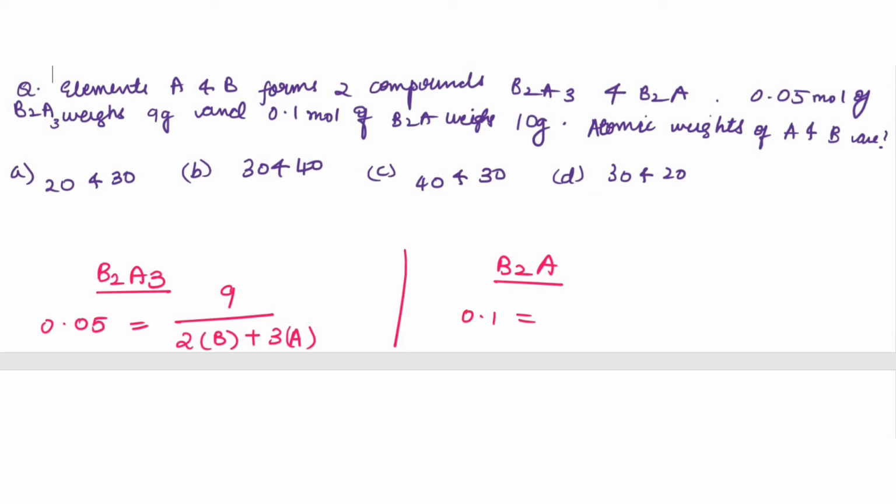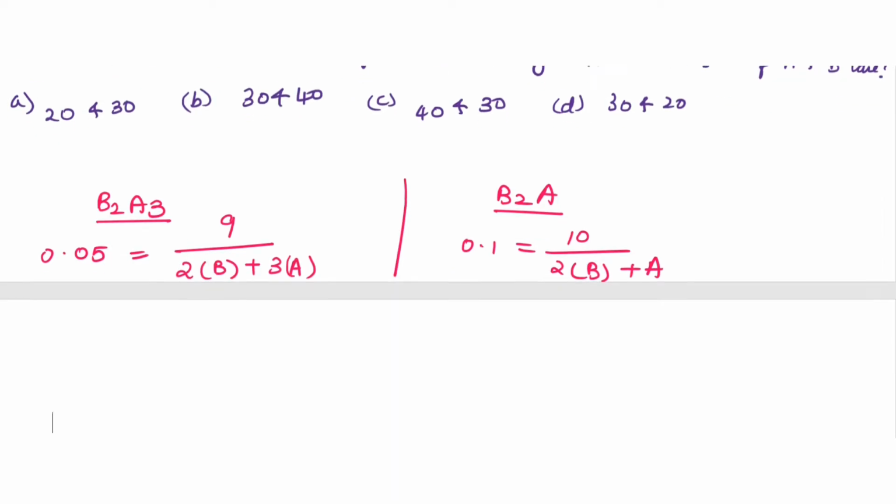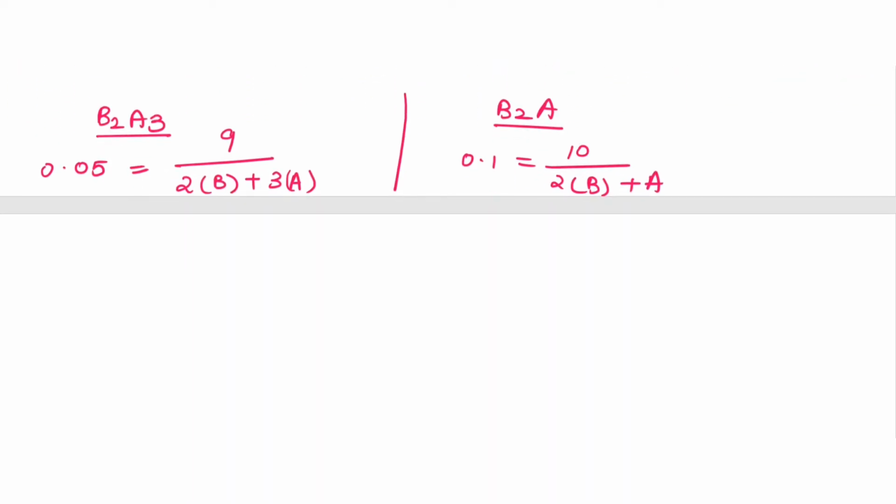Similarly, for the compound B2A, the number of moles they've given is 0.1, so 0.1 is equal to 10 by 2 times B plus A. I hope you're getting it. For the ease of our calculation, let's assume that the molecular mass of B2A3, the denominator, is X, and let's assume that the molecular mass of the compound B2A is Y. This makes our solving easier.